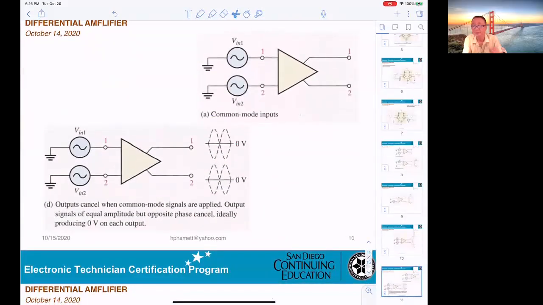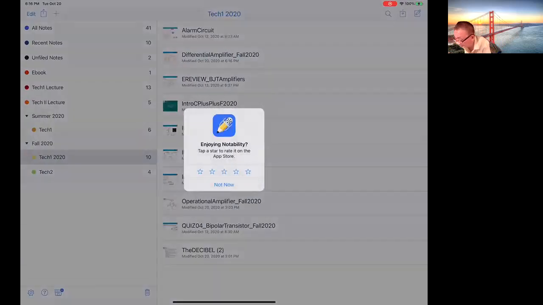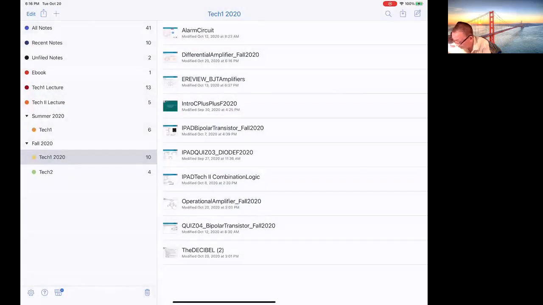So we're done with that one. Now we go into another one. Okay, another one will be the operational amplifier.